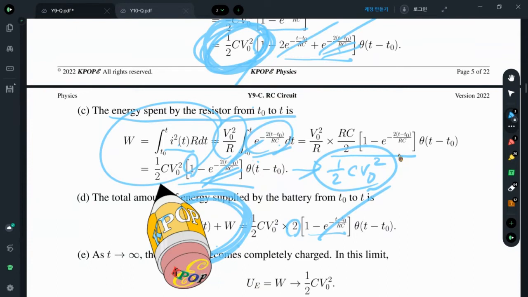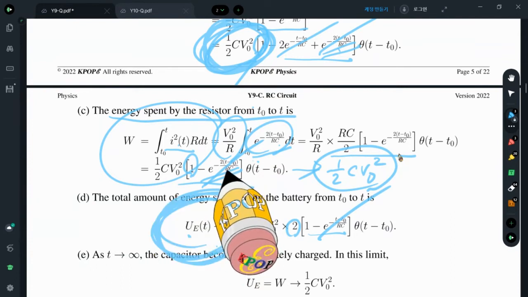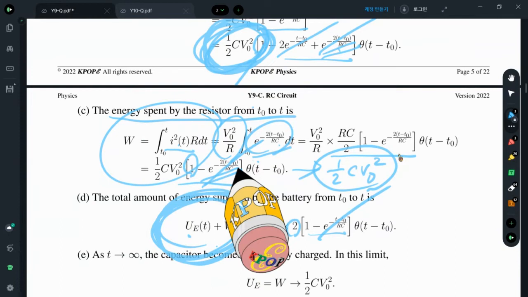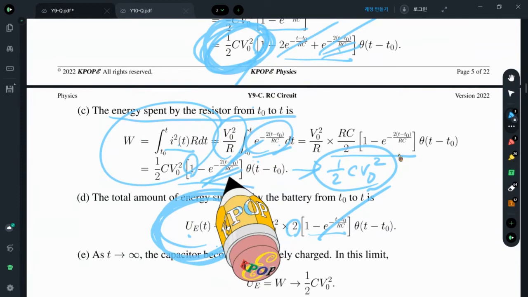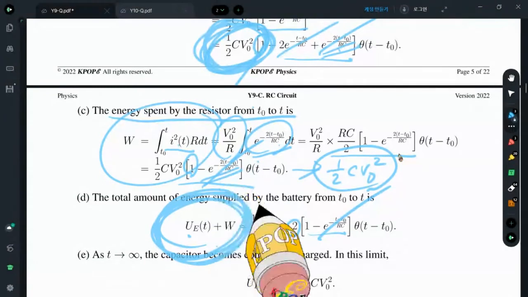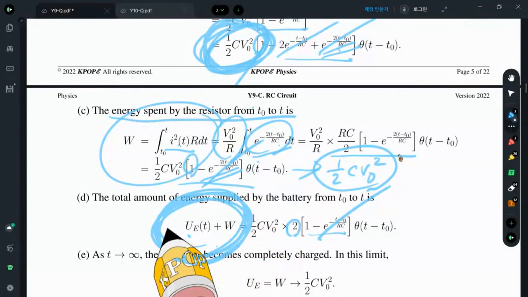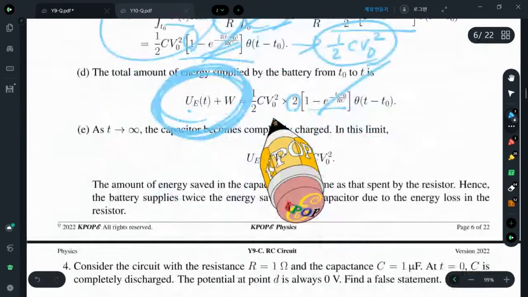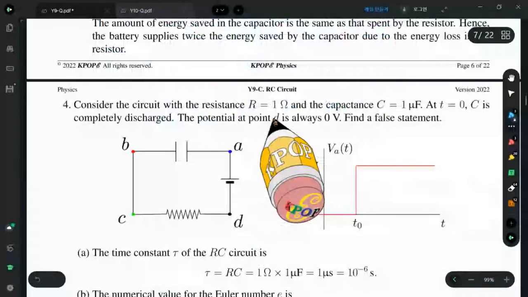Understood? That is independent of the size of the resistor. The resistance independent. The lost energy is always equal to the saved energy. So you are losing 1/2 of the total energy. That's the key point.